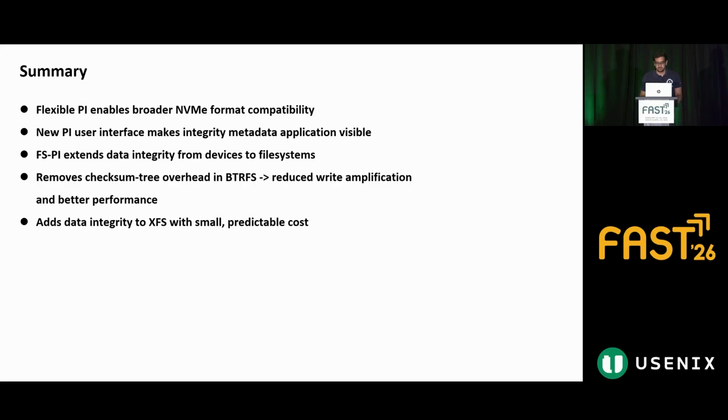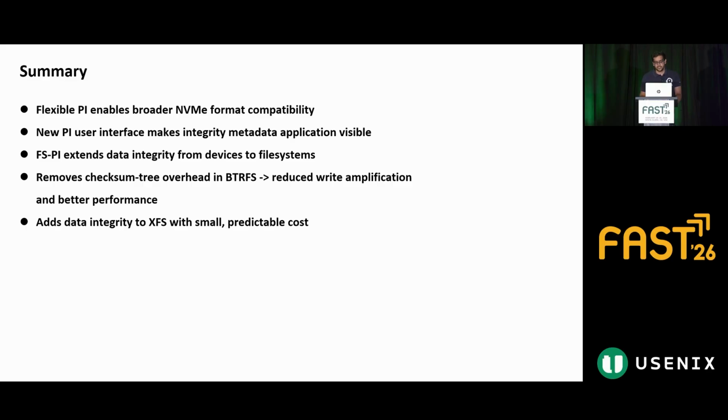So concluding the talk, we are just trying to make rich use of a device provided feature in the kernel IO stack. If I summarize the main contributions, we do flexible PI, which enables broader NVMe format capability. Then we do the PI user interface, which makes the integrity metadata application visible.